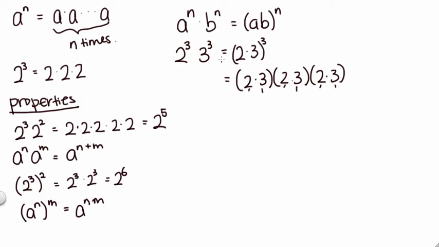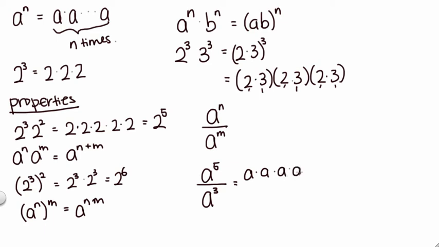And the last one that we have is when we have division. So if we have the same base and we're dividing, let's look at it through an example. Say we have a to the fifth over a to the third. That means I have 5 copies of a up top, 3, 4, 5, and then I have 3 copies of a on the bottom.